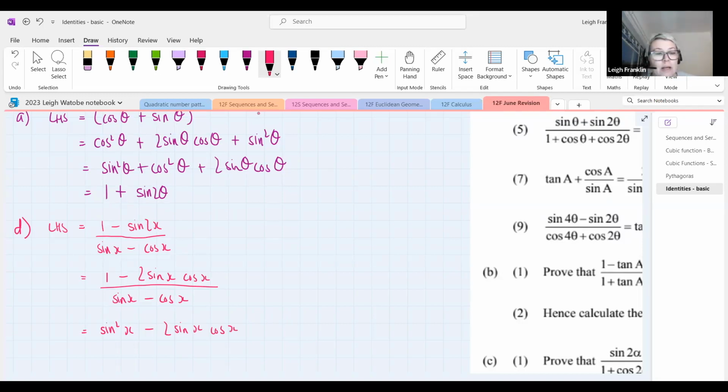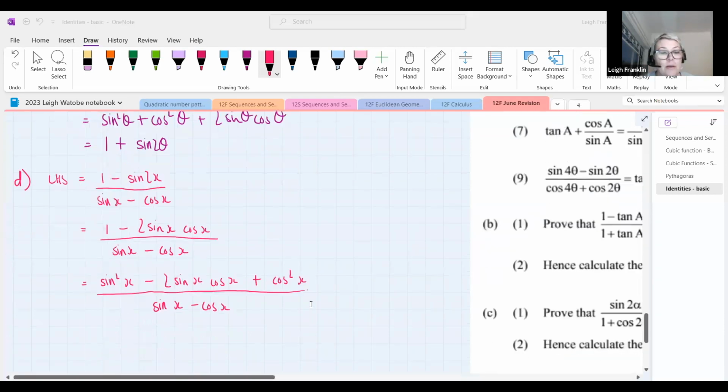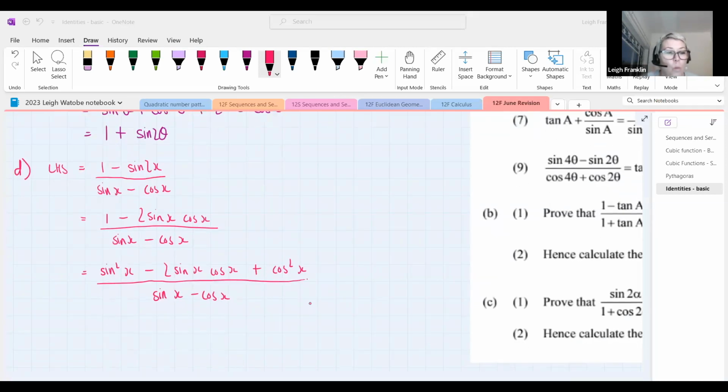Thank you, Yolanda. All right, so I'm going to do this. And at the bottom, I'm going to write my sine x minus cos x. Why have I written what I've written in the numerator?